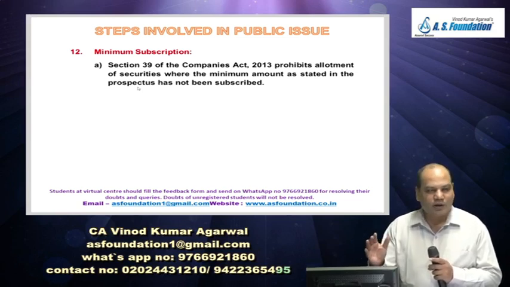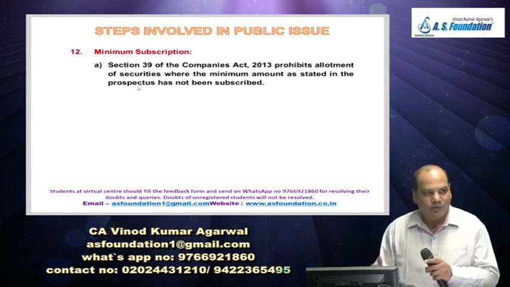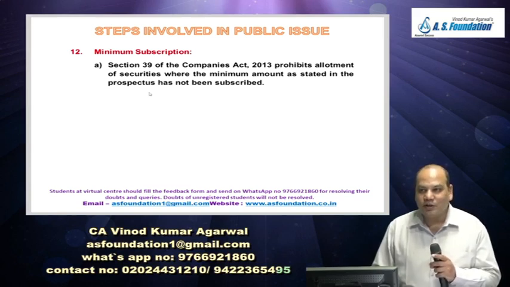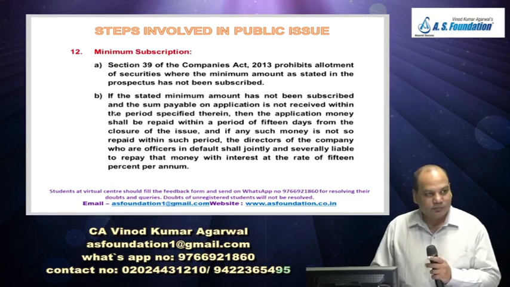90% is good enough. At least we are almost sure we will be able to finish, but less than 90 means you don't know whether with that amount your project can be successfully executed, and that is why there is a refund clause. I don't know whether this is told to you or not in the law batch. Told?